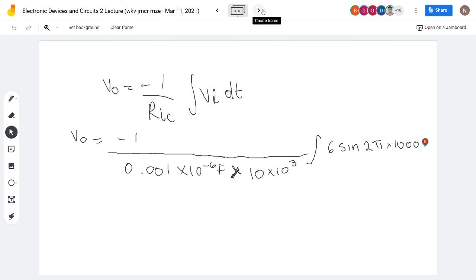That's the input sine wave. 6 sine 2 pi 1,000 t. That's the input signal. Okay.